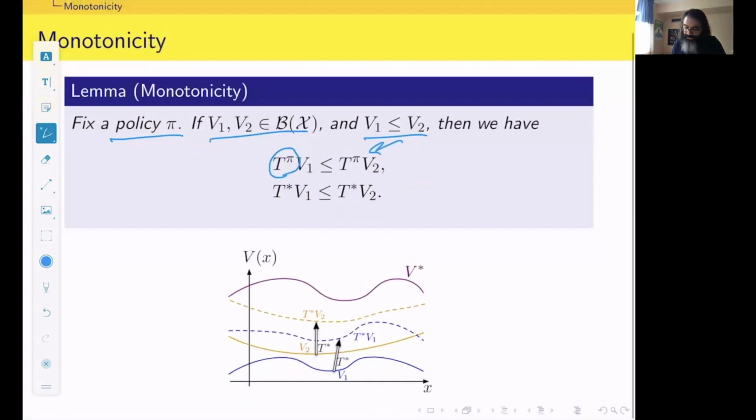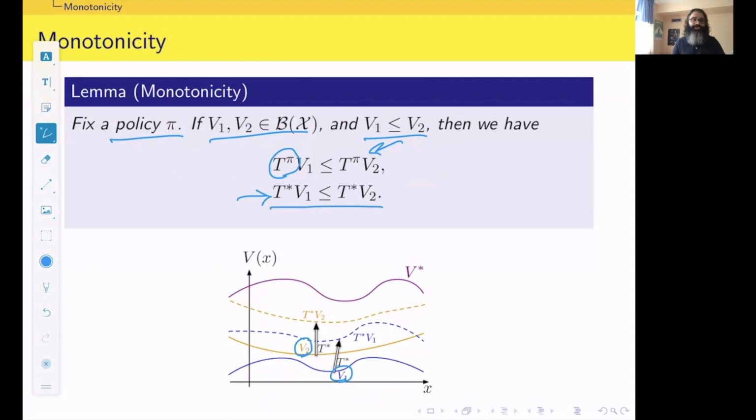So what does it mean? Suppose we have a V1 function here and a V2 function here. You see the blue one is smaller than V2, the orange one. Now we apply T star. Maybe I should say the other part first. For the other part, it's the same. If we apply the Bellman Optimality operator, we have the same relationship. So if V1 is smaller than V2, we apply T star or T pi to it.